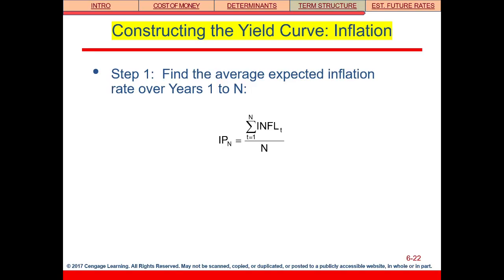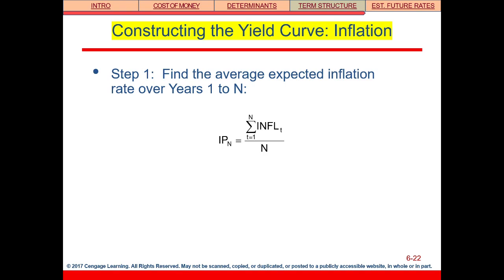After that, we're going to discuss the pure expectation theory, so how to calculate the future interest rate based on the information you have. That's basically the two goals for today.